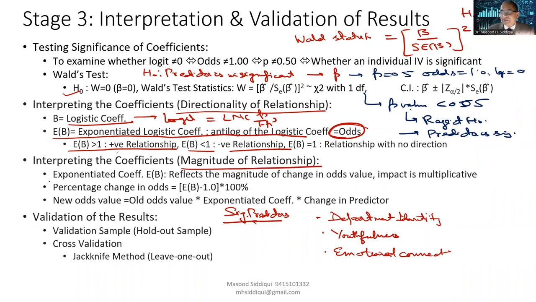It reflects the magnitude change in the odds. So percentage change in the odds is exponentiated coefficient minus 1 into 100%. Okay, so I'm showing you the value, then I'm writing down the value to make an interpretation.